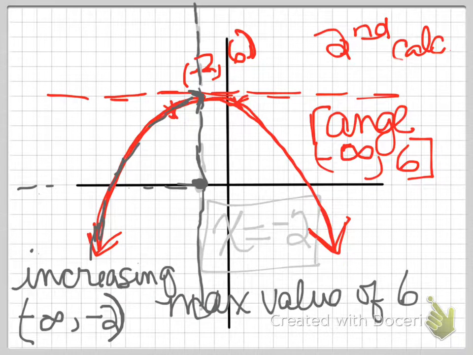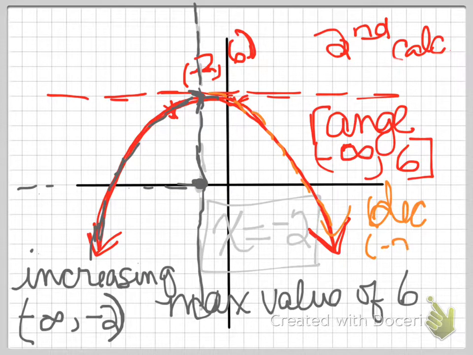And then where are we decreasing? We are decreasing starting here at that negative 2. And then we begin to go downhill. And we continue to go downhill until we get to the bottom of our hill. Starting from negative 2 at our x values, we are decreasing.